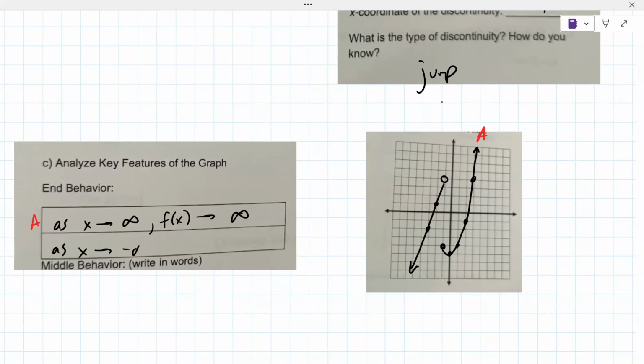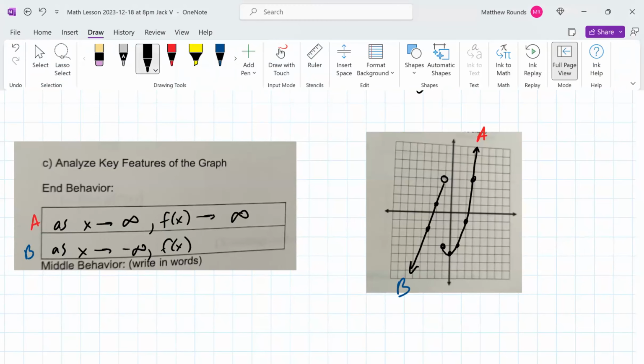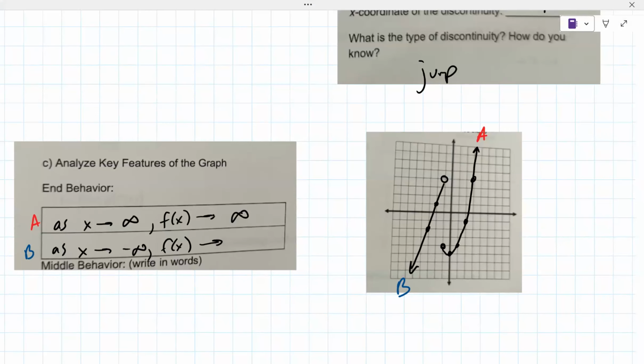As x goes to negative infinity, so this is at B. How far down is that going? -infinity. Yep. Okay.